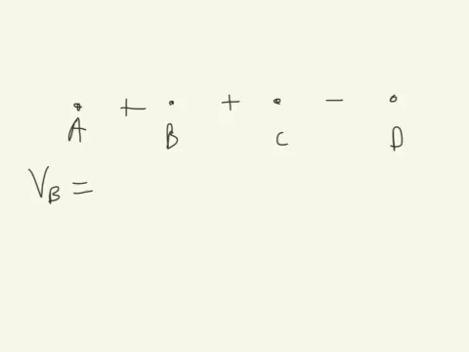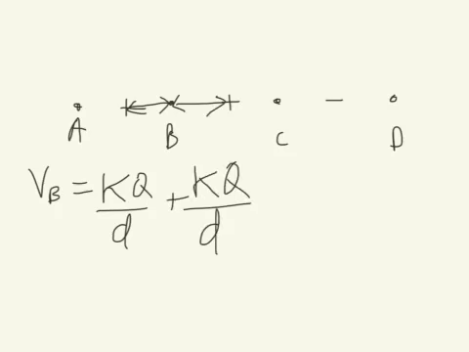Now let's look at point B. Alright, point B is a distance D from this positive point charge. So the potential from that point charge is KQ over D. It's a distance D from this point charge. So we got another KQ over D. And then B is a distance of 3D from a negative point charge.